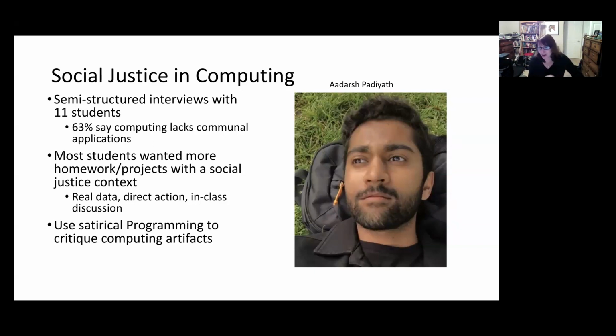And one of the things he's done also in a summer camp is use satirical programming, which is, let's write programs that make fun of some of the biases that happen, to expose people to some of the things that happen. For example, anytime Athars types his name into a Word document, it'll try to correct the spelling of his name. Of course, these things have been trained on more Western names.